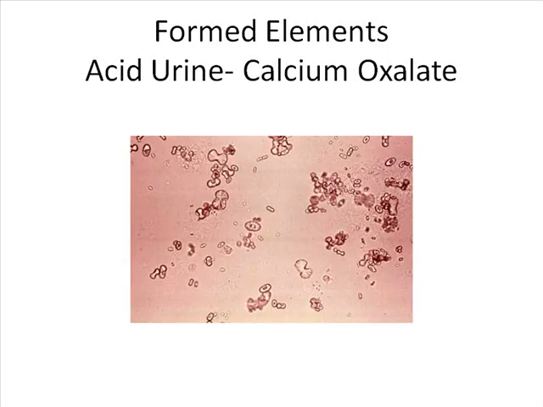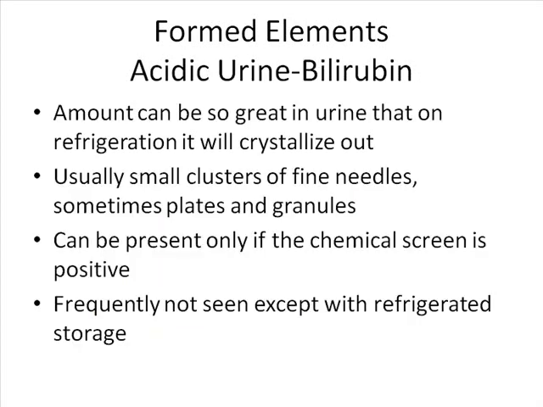You know, you're alcoholic, and here they are right here. Notice they look unusual, because if you see this, you're like, what the heck is that? Okay? It is not the typical cross shape of calcium oxalate, but this is a form that you will see if somebody ingests ethylene glycol.